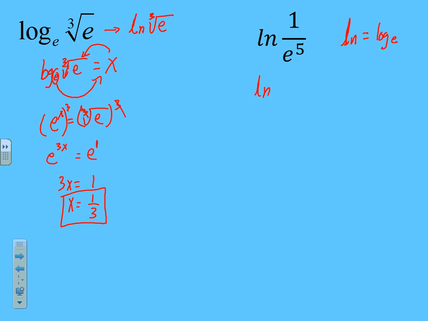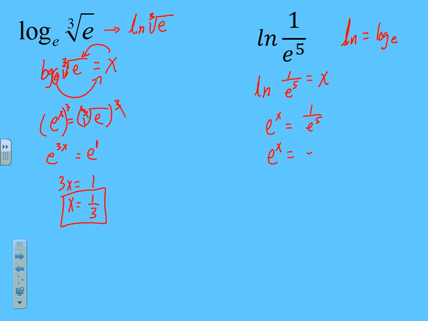So we'll do the same thing. We'll say the natural log of 1 over e to the 5th power is equal to x. We will convert this into an exponent so that we can evaluate it. That will give me e to the x power is equal to 1 over e to the 5th. The common base is obviously e, so on the right side, we want to change it from being in the denominator to being in the numerator.